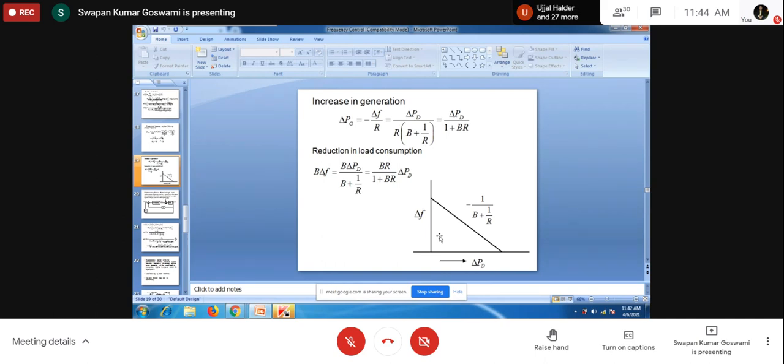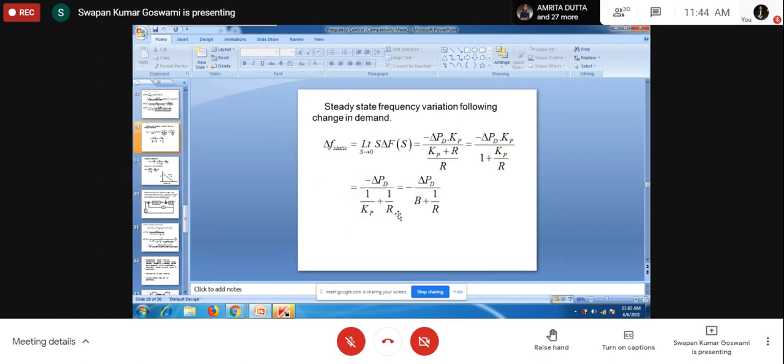You cannot limit it. Because of the action of the speed governor and the action of the load, the variation will be somewhat restricted. Frequency variation will be there, somewhat restricted, but you cannot avoid it because del F static is given by this expression. That means after a load change, frequency cannot be the same as the previous value.